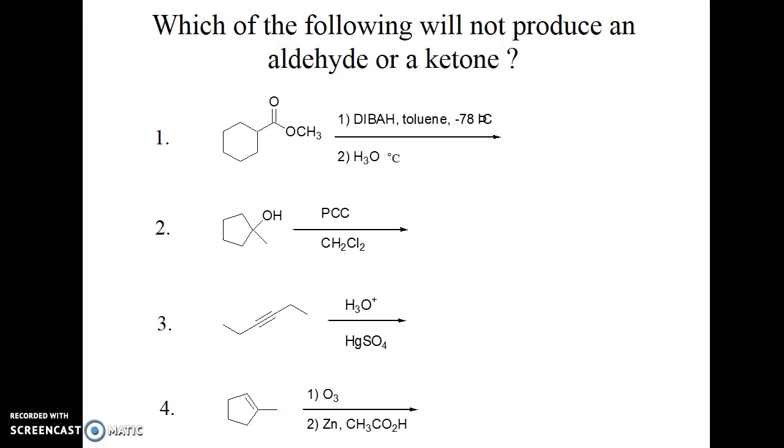And ozone followed by zinc and acid cleaves a double bond and puts a carbonyl at either end of that double bond. So the product of this reaction would be both an aldehyde, right here, and a ketone, right here. So the correct answer to this reaction is right here.